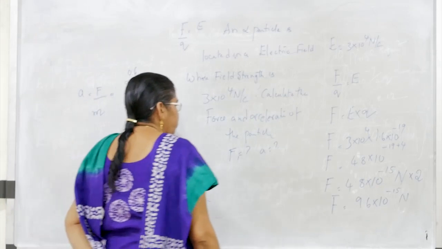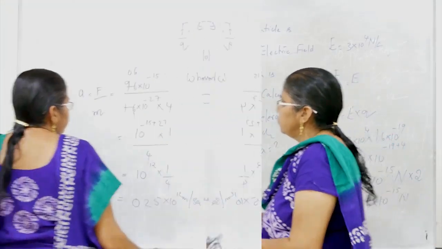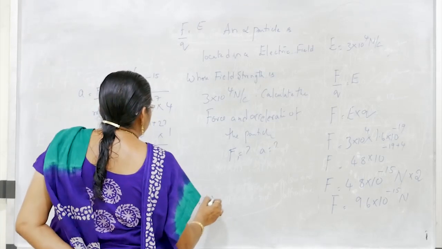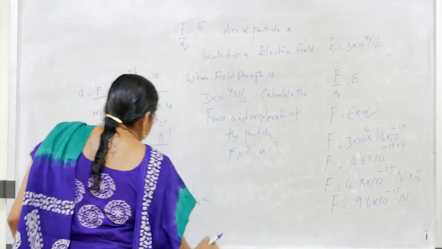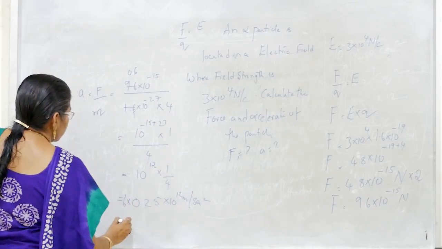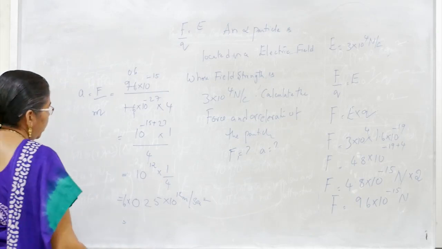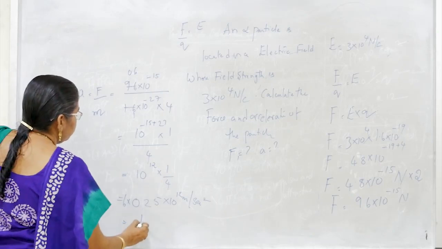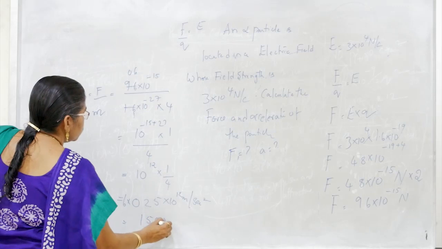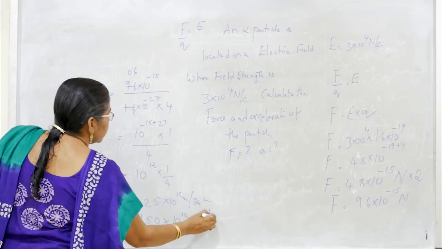So this is the formula that is to be written. This gives into 6. So 6 into 2.25 means 25 into 5, 125. This gives 150 into 10 power 12 meters per second square.